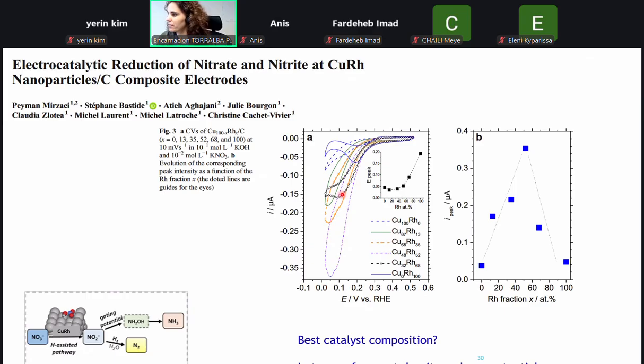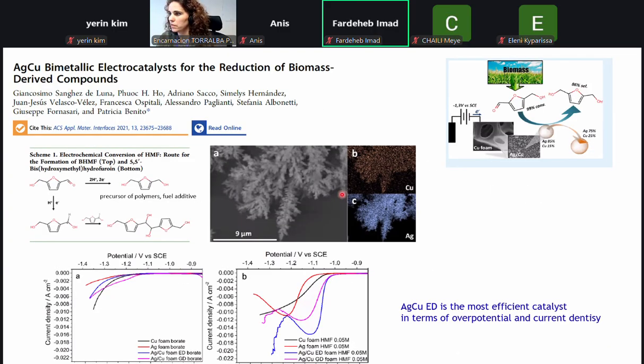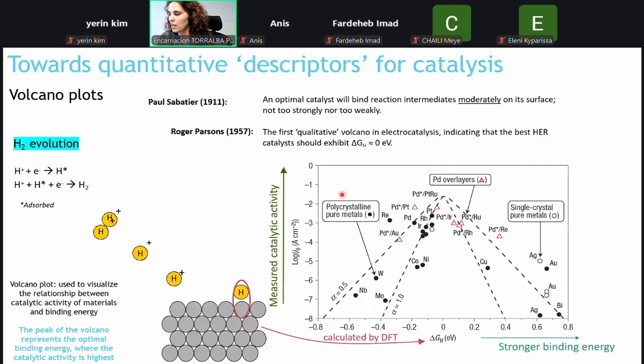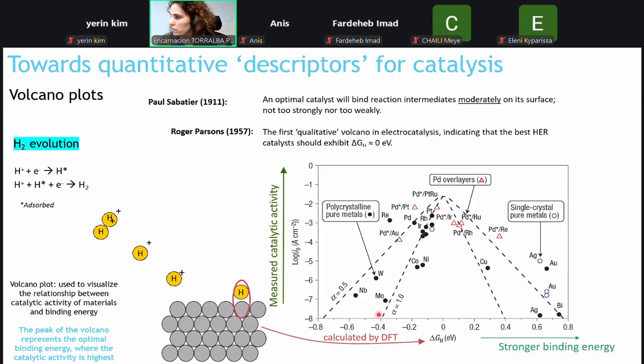Okay, so thank you. Now I'm coming back because I was talking about the activity. And then there is another way of measuring the activity that you see a lot. Because here I'm just screening catalysts, for example. Here I have 4 catalysts. But sometimes you have plenty of catalysts, plenty of compositions, and you are studying only one reaction.